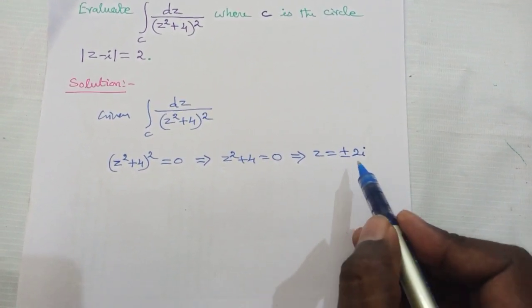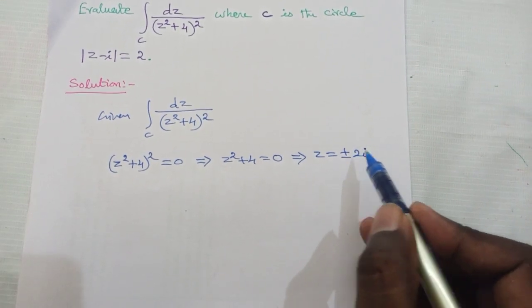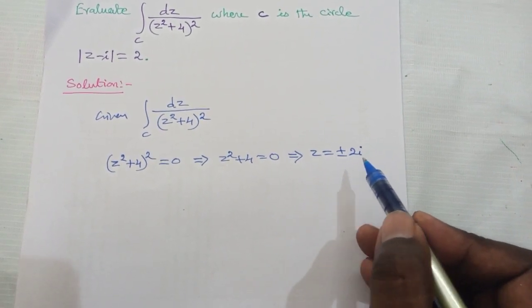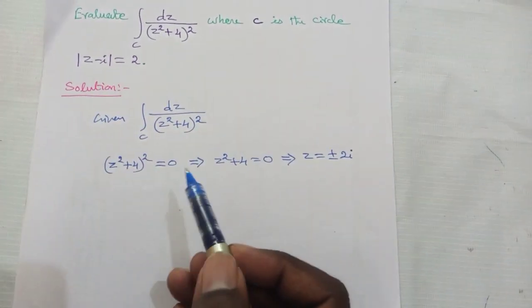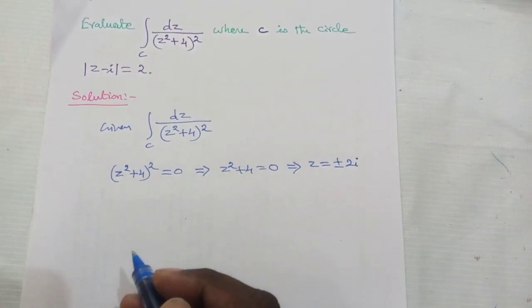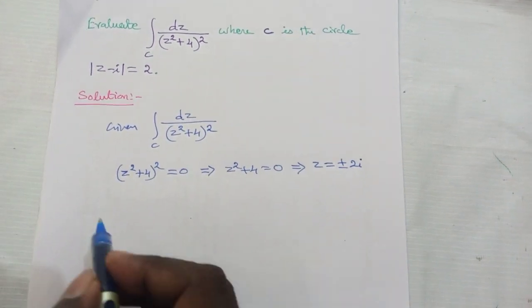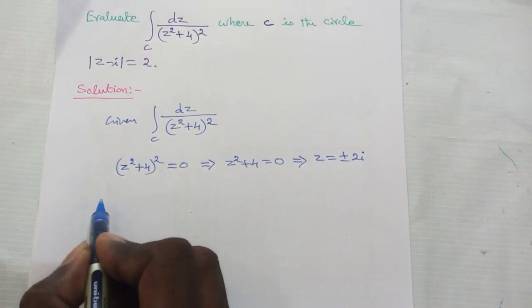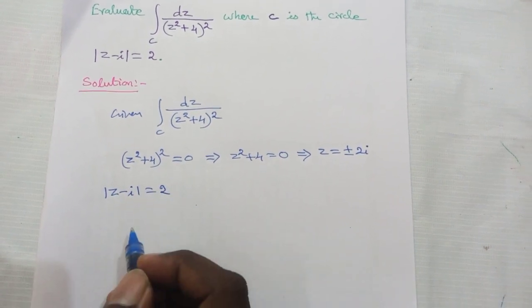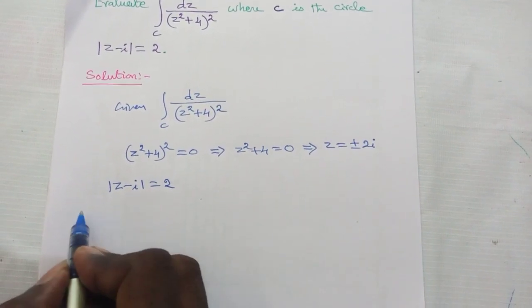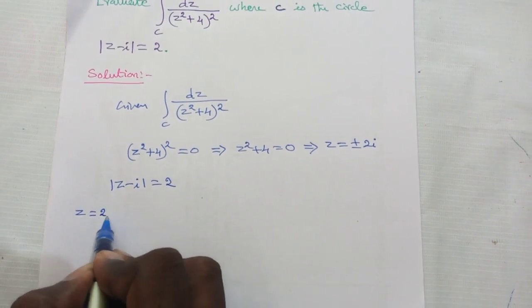There are two singular points: one is 2i, another one is minus 2i. Next, I want to verify which lies inside the circle C and which lies outside. The given circle is modulus of z minus i equal to 2. First I verify with z equal to 2i. Put z equal to 2i.